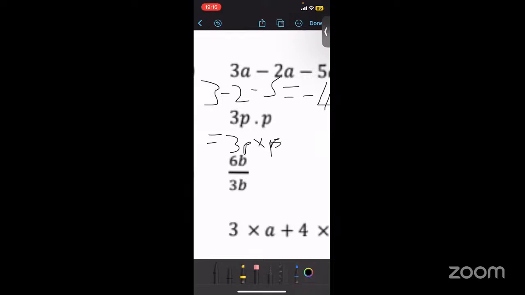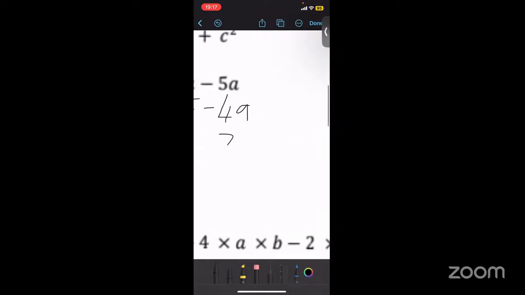Perfect. So your 3p multiplied by p is the same as 3p to the power of 2, because remember we have invisible 1 here. The 3 is going to multiply the 1, and the p is going to multiply with the p. And I said when you're multiplying the same base, we add the exponent. So it's like 3 multiplied by 1 and p multiplied by p.